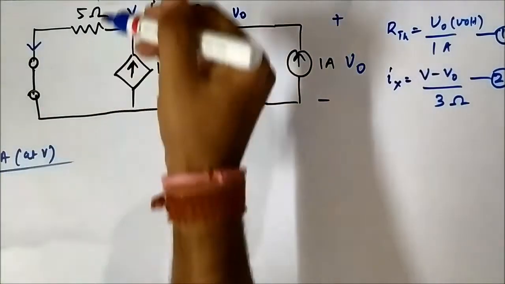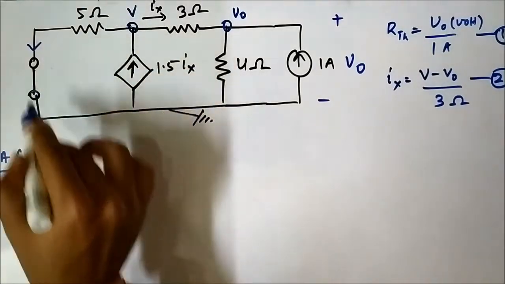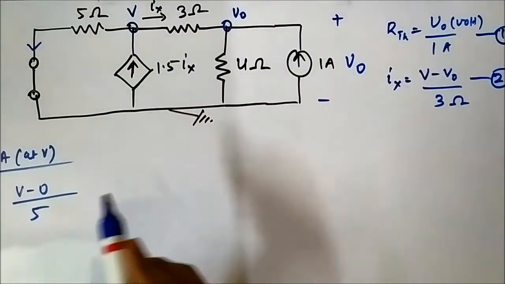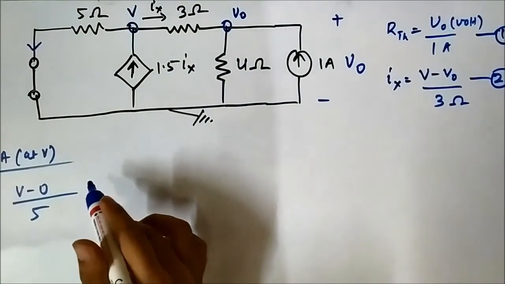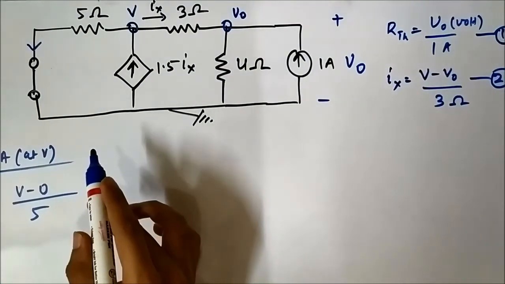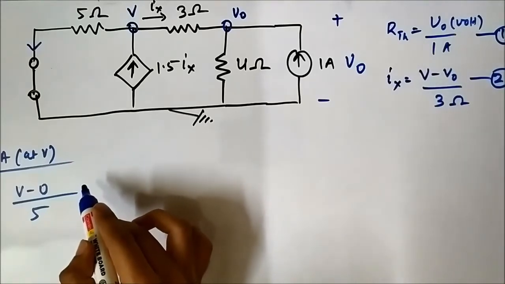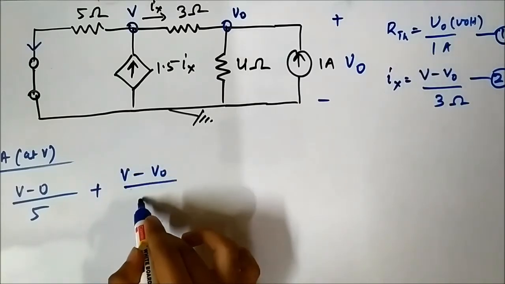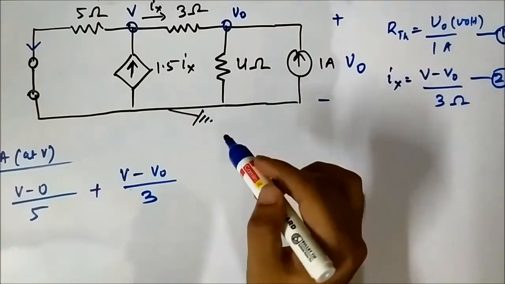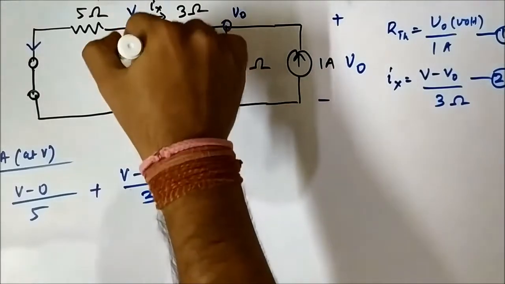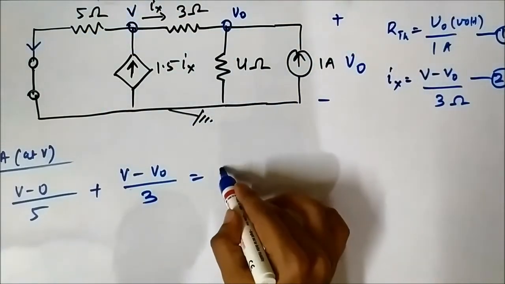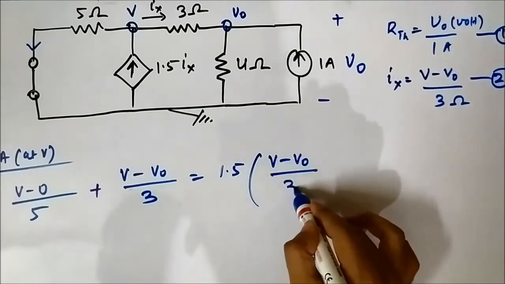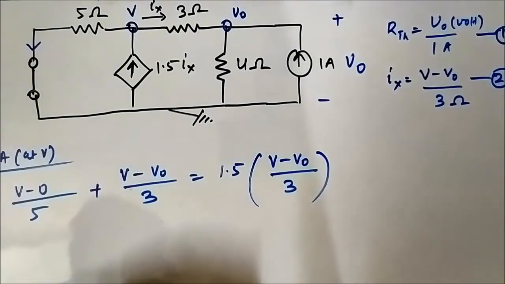So this nodal equation will be V minus ground, ground potential is 0, by resistance involved which is 5, this is outgoing, Ix is also outgoing, so plus V minus V0 by 3, and another one is the incoming current, that is 1.5 Ix which is nothing but 1.5 into V minus V0 by 3. This is the nodal equation.